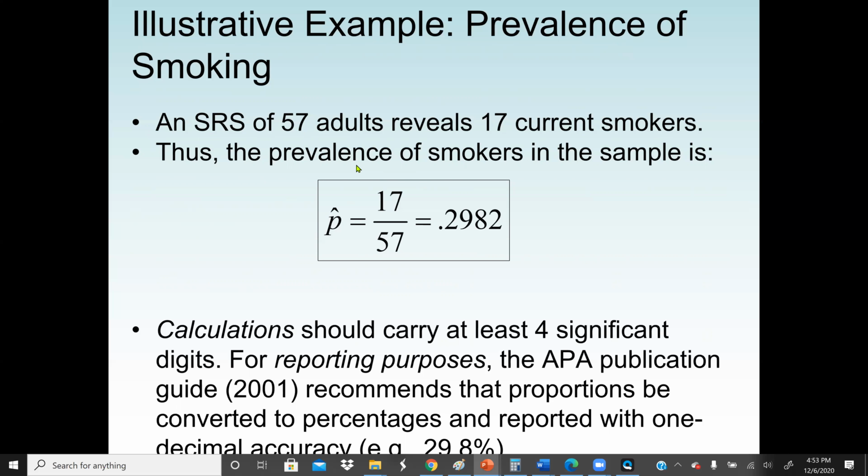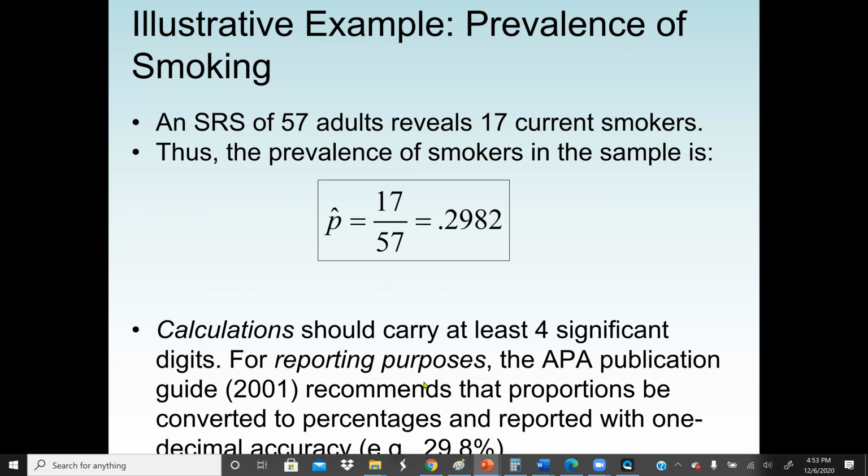You see, here we are looking for the prevalence at a particular point in time. When we take our sample, at that very point in time, 17 are current smokers. So the prevalence will be 17 divided by the whole sample, which is 57. And that gives us 0.2982. We say the calculation should carry at least 4 significant digits.